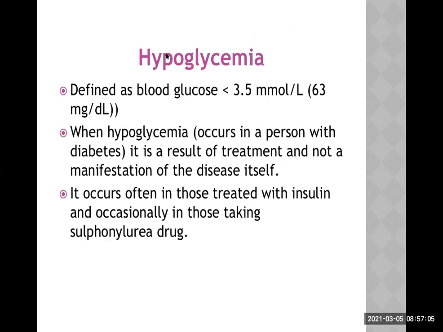So there are different type of drugs we are going to use, like insulin, like sulfonylurea. Okay, so these are the important drugs. Both of these cause hypoglycemia. Even meglitinides cause hypoglycemia. It occurs often in those treated with insulin and occasionally in the sulfonylurea drug. That's what I'm talking right now.